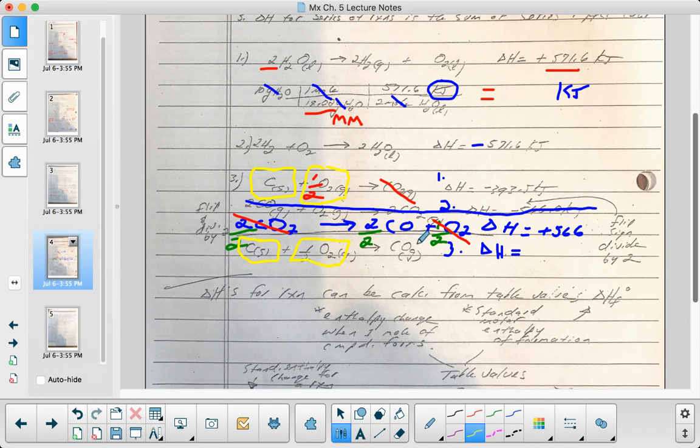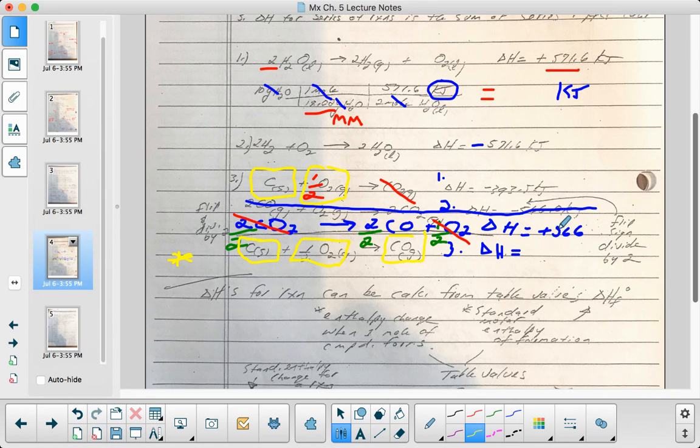And then there's one CO left. I have 2 halves, which is just one CO. So there I did it. I managed to manipulate these 2 equations, 1, 2, in order to become ultimately this third equation.